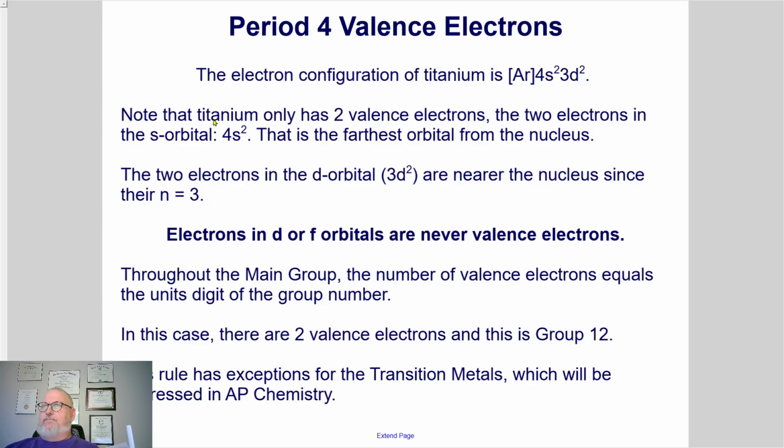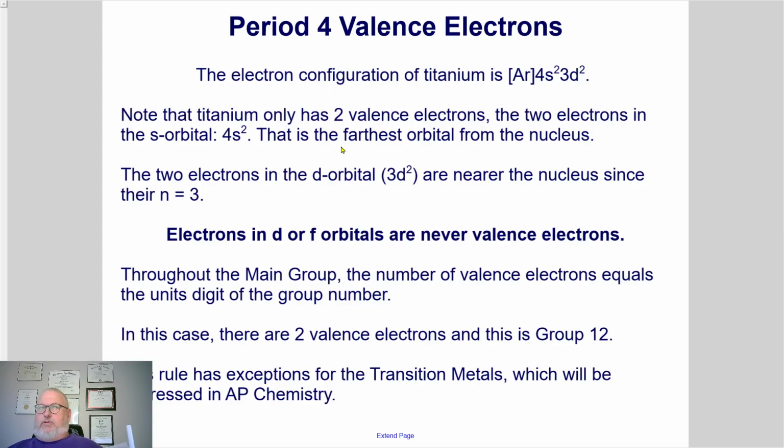For titanium, the valence electrons are only the s's or p's. Titanium only has two outer electrons, these two in the 4s level. These are the ones that are furthest from the nucleus. The two electrons in the d orbital are closer to the nucleus because they're at n equals 3. They're inside that outer layer.